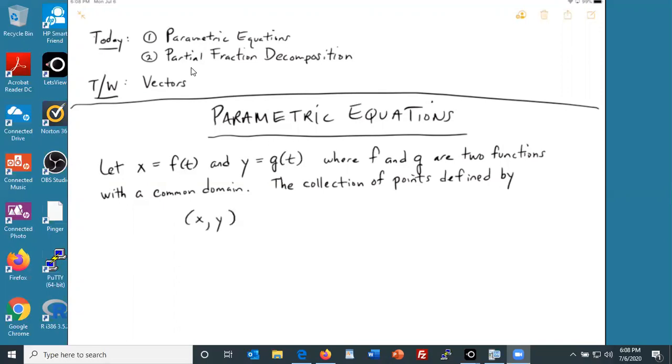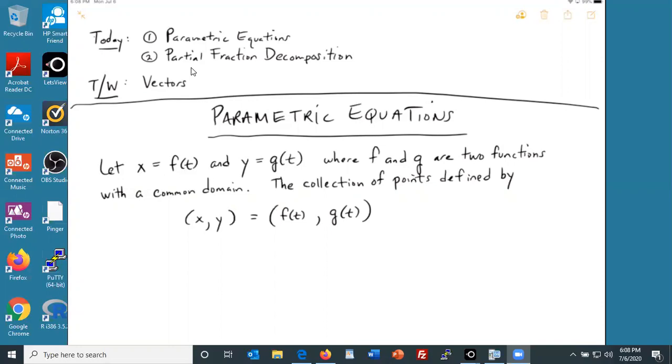So of course we have coordinates x and y, all right? Well, x and y are determined by those two equations, f and g. So the x value is determined by f at t, and the y value is determined by g at t. So this collection of points is going to form a special type of graph.